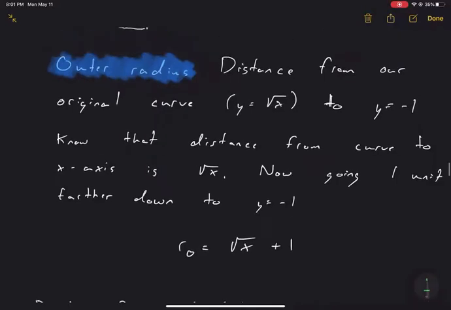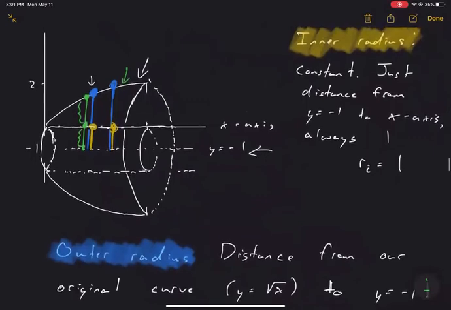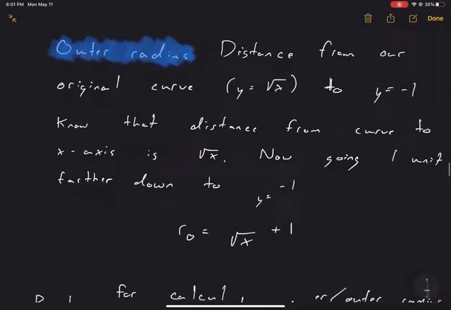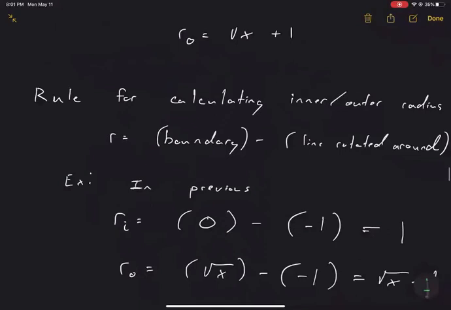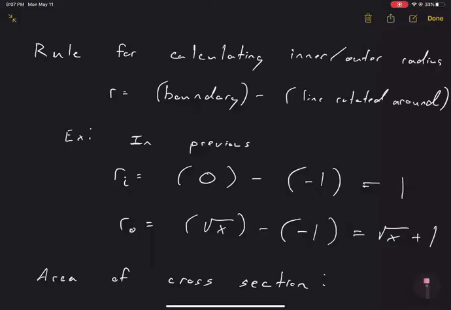Okay, so that's the kind of logic we're using, and I'll give you a tool to help do this more methodically. This is the rule I've written out for calculating these outer radii and inner radii. This is my explanation of how we're finding this radius. This can be used for outer radius, inner radius, or radius of a washer.